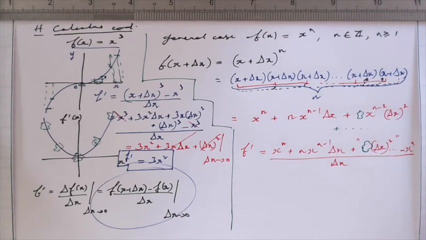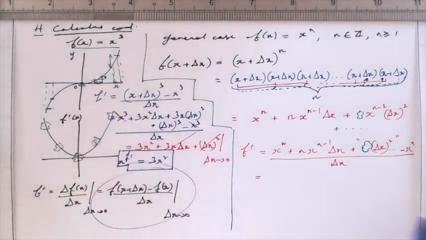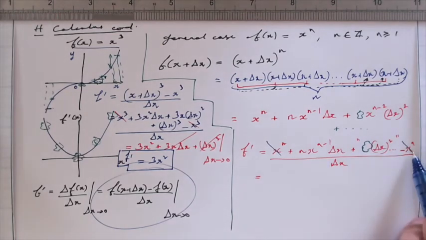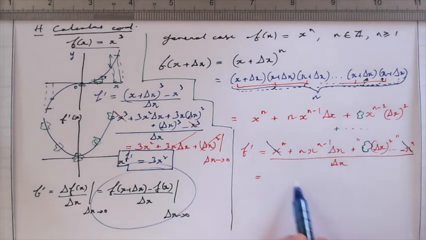And ultimately we're going to take delta x to 0. So great stuff. This is very familiar to us from looking at the parabola and the cubic. This very leading term cancels with the original function, and all the magic occurs here.